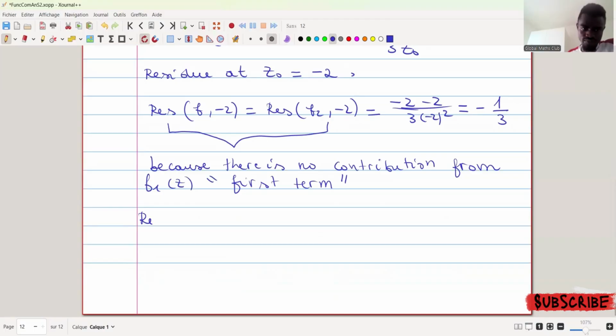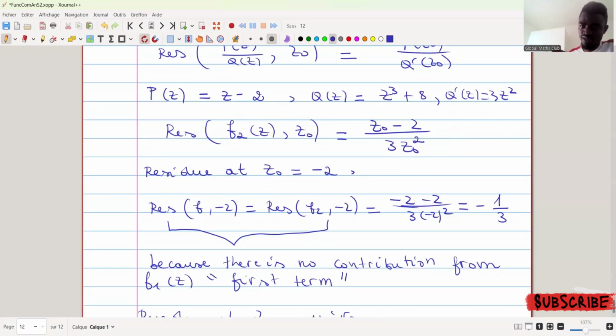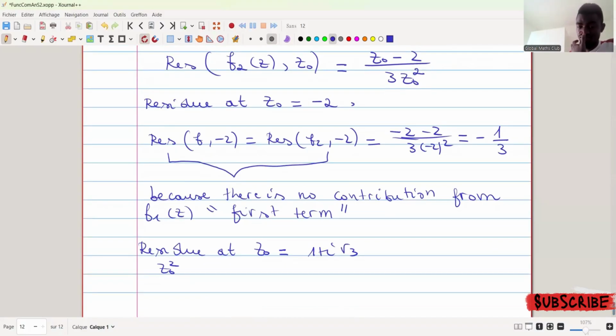Now the residues. To do this, you have to compute z naught squared based off that formula. So the formula is z naught minus 2 divided by 3 z naught squared. You have to do it like that.